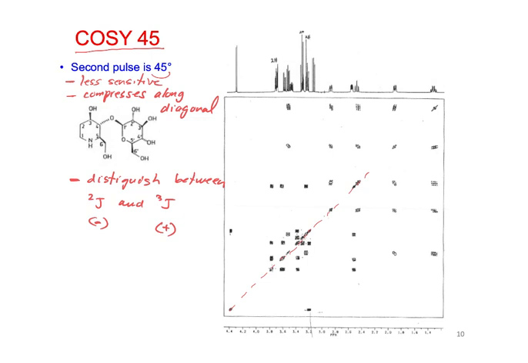Okay, so if we look around in this spectrum, we see that some of these are leaning one direction, and some of them are leaning the other direction. The off-diagonal peaks aren't all square or rectangular and symmetrical. They kind of lean.